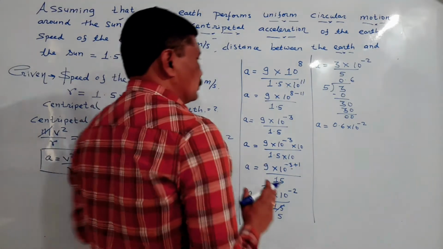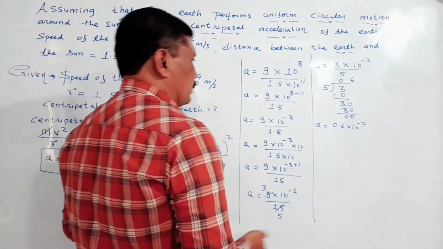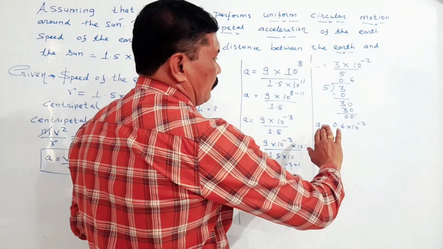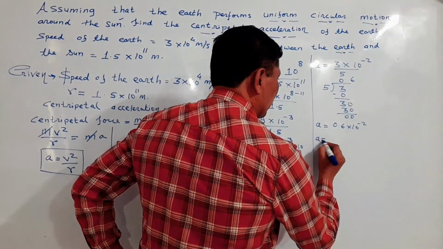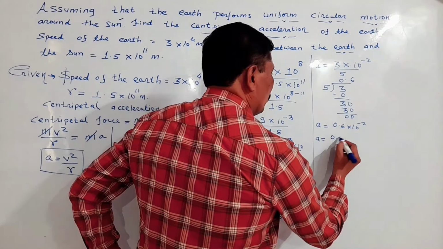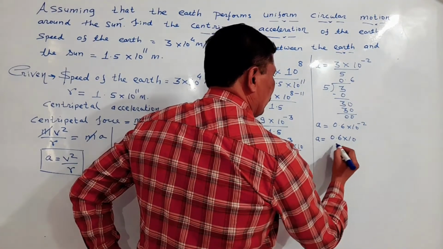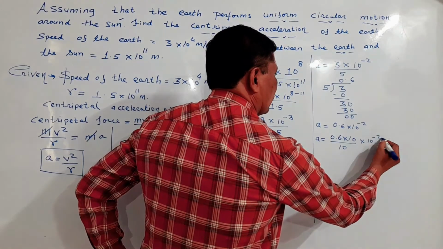Now here my dear student, the value is very small, so we will convert it. We will try to shift the point one digit ahead. I have told you, if we want to shift the point one digit ahead, what do we do? 0.6 into 10 divided by 10, into 10 to the power minus 2.